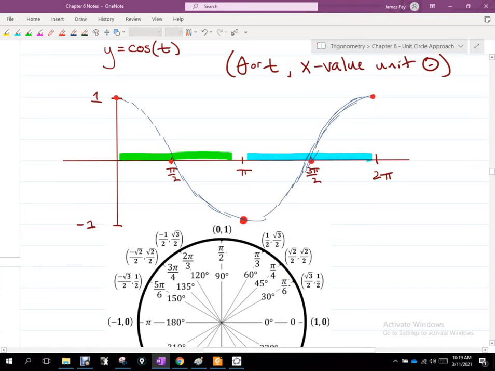Remember that curve should be smooth. The change from 1 to radical 3 over 2 to radical 2 over 2 to 1/2 is a gradual change. It's not straight down, right? So we want a smooth curve, a gradual change down to that x-intercept, and then those values repeat, going in the opposite direction here.